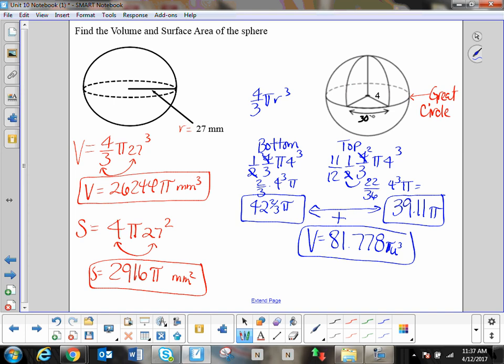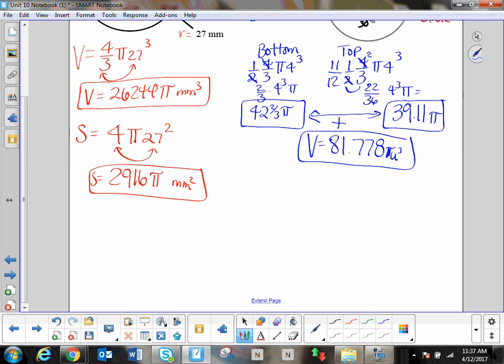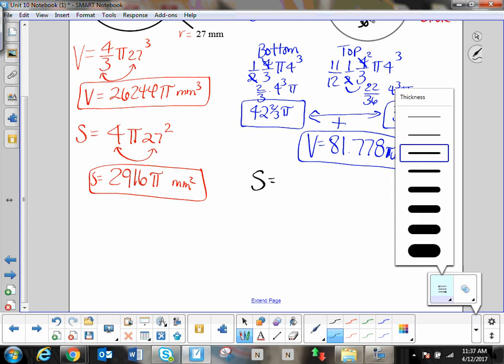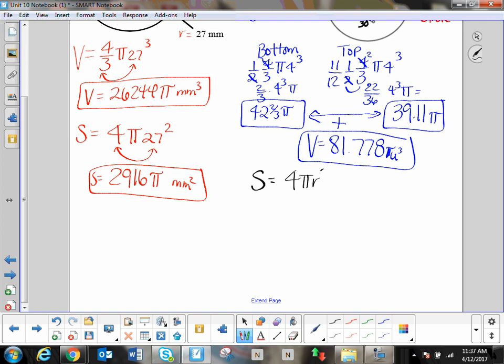Okay, surface area can be a little bit more challenging. All right, let's go to surface area. For surface area, you want to break it into parts again. So I'm going to do the bottom first. Now let's just write down our main formula, 4 pi r squared.